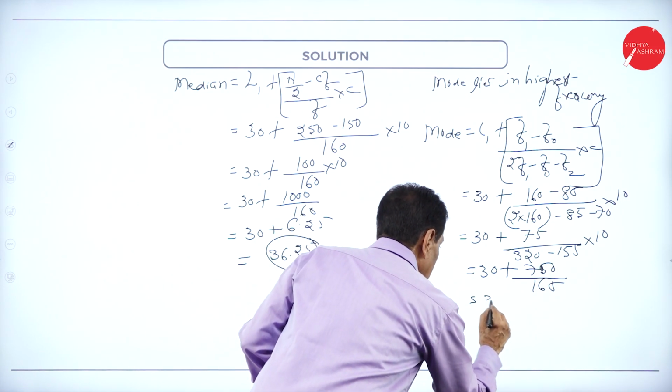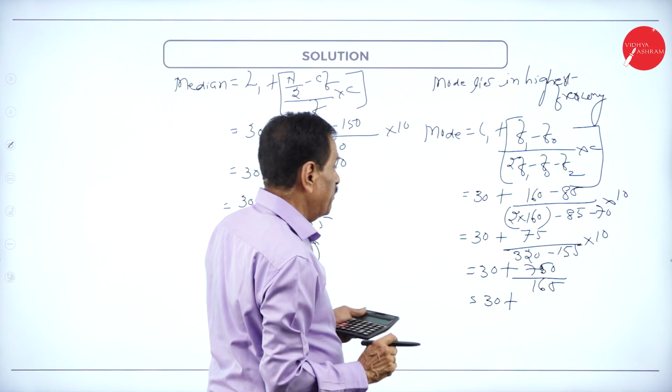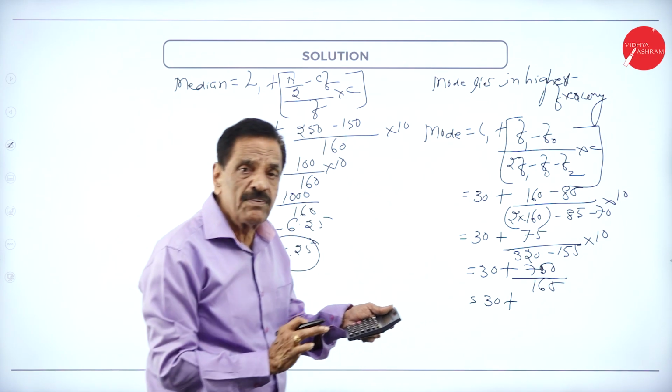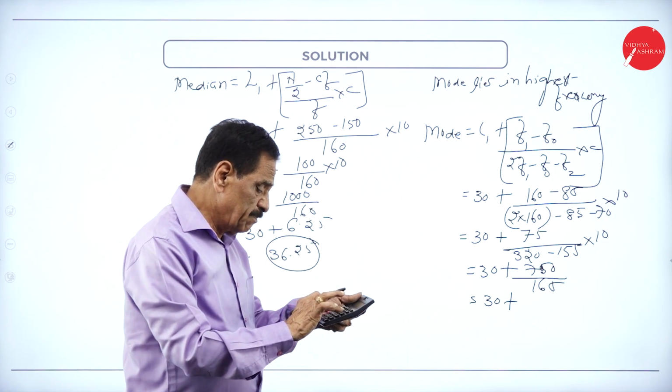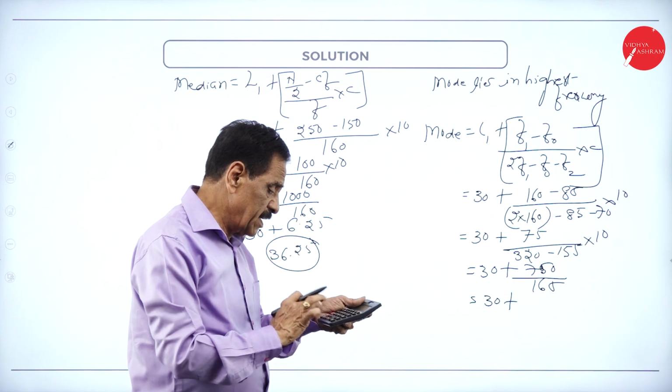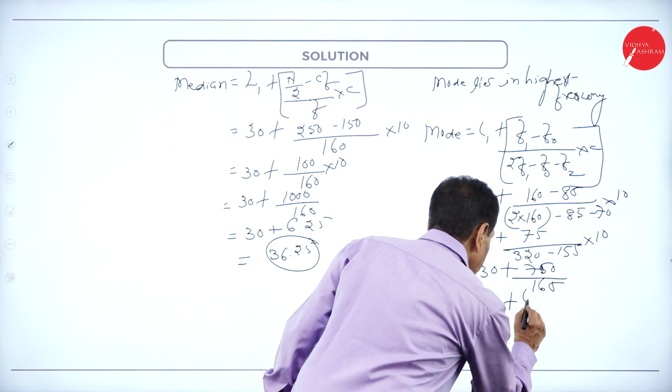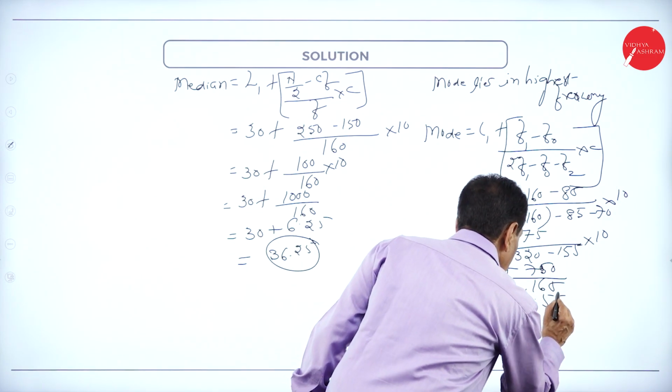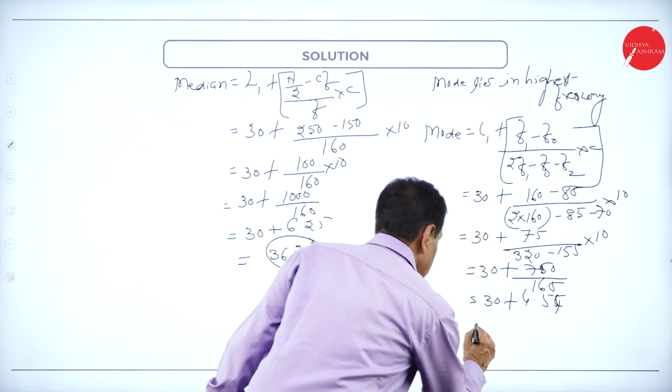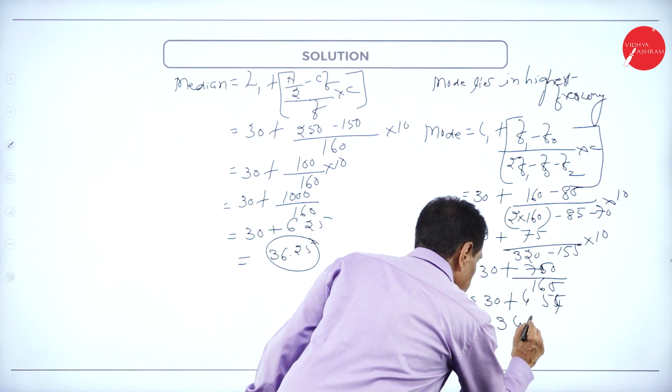This is 30 plus 750 divided by 165, 4.5. This is 34.54.